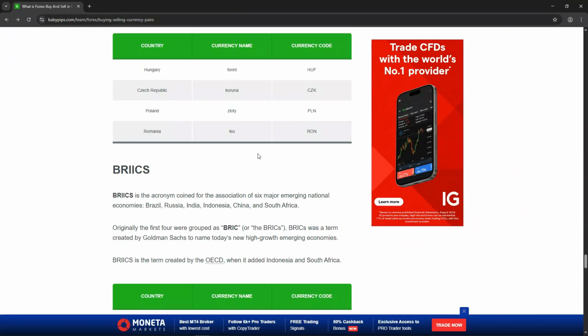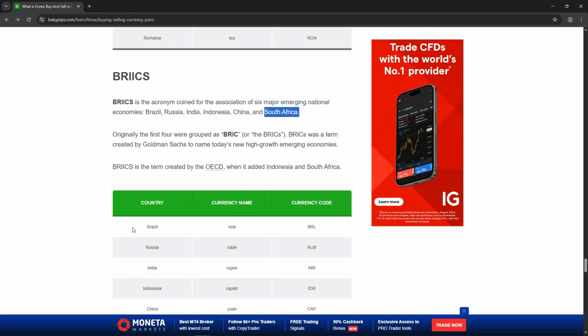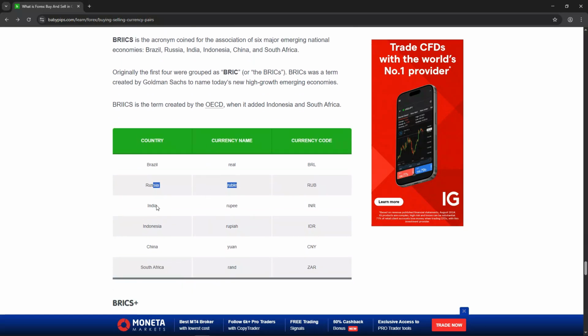We have something else that we call BRICS, and BRICS is a group of major emerging economies, including Brazil, Russia, India, Indonesia, China, and South Africa. Their currencies include the Brazilian real, Russian ruble, Indian rupee, Indonesian rupiah, Chinese yuan, and South African rand.